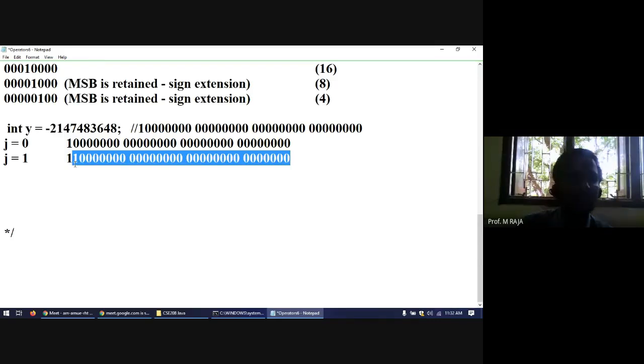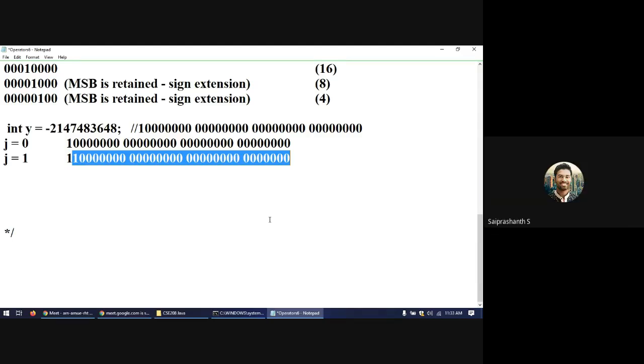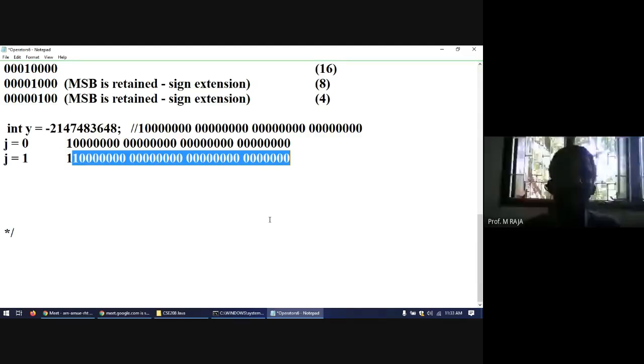What is the 2's complement of this highlighted number? Very simple question. Yes, very good, same number.